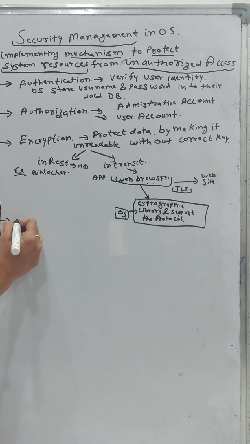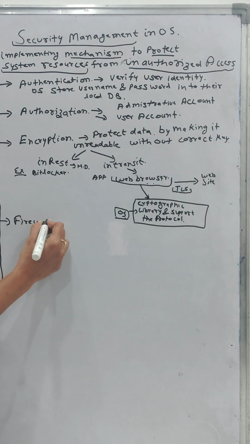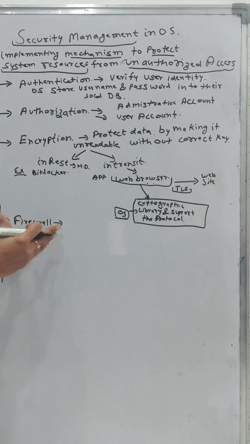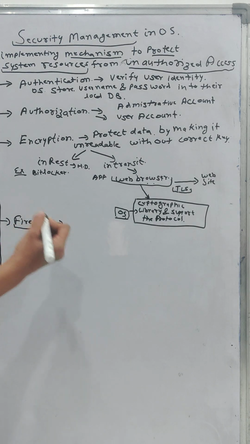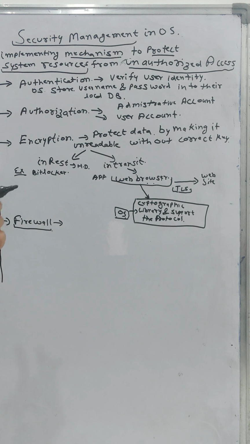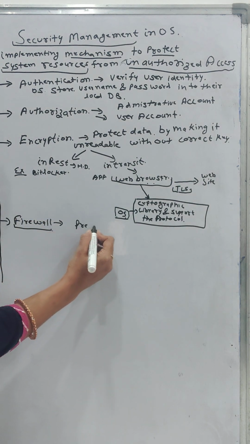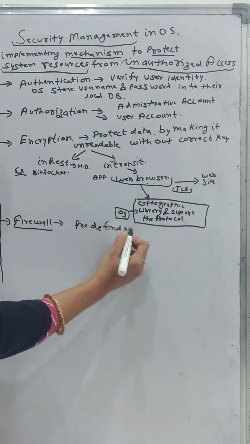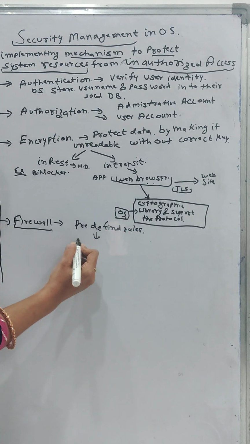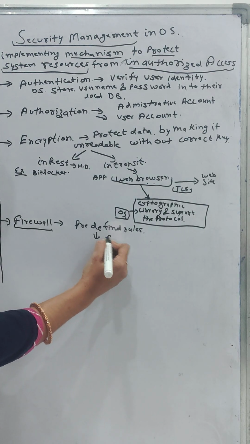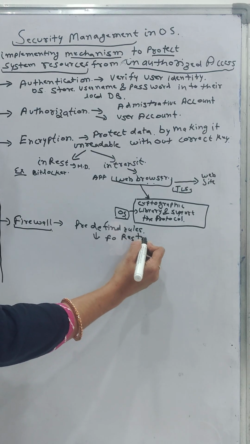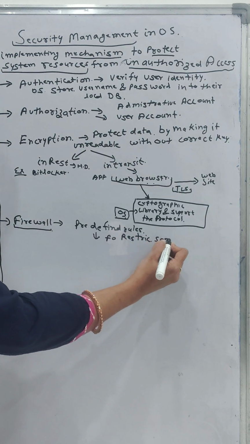Now next one is firewall. Firewall means, if you want to restrict some website on your system, we can use a firewall. There are some predefined rules where we can restrict a particular website.